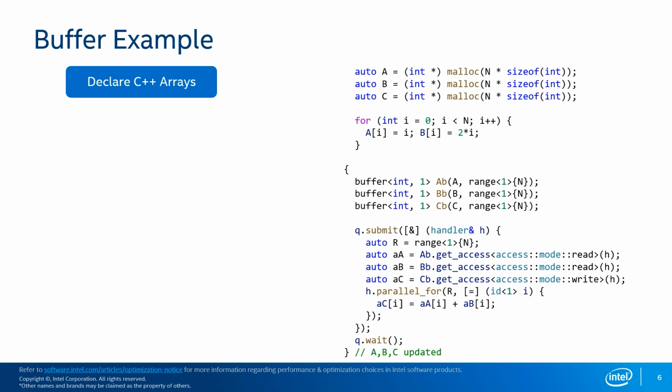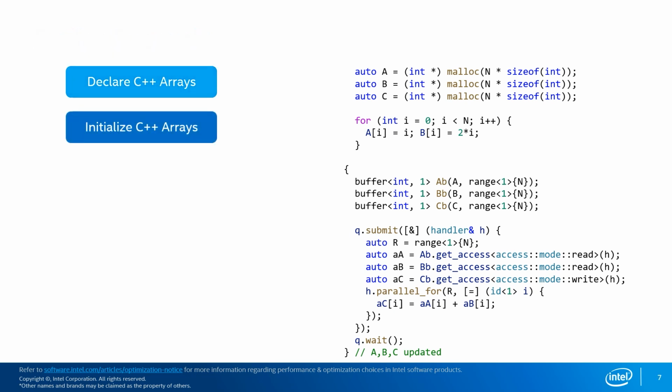This is done using standard malloc. Next, we initialize arrays A and B on the host with some values. Now we can declare buffer objects that will represent our C++ arrays. We create 3 buffers and initialize each with its respective array A, B, or C.